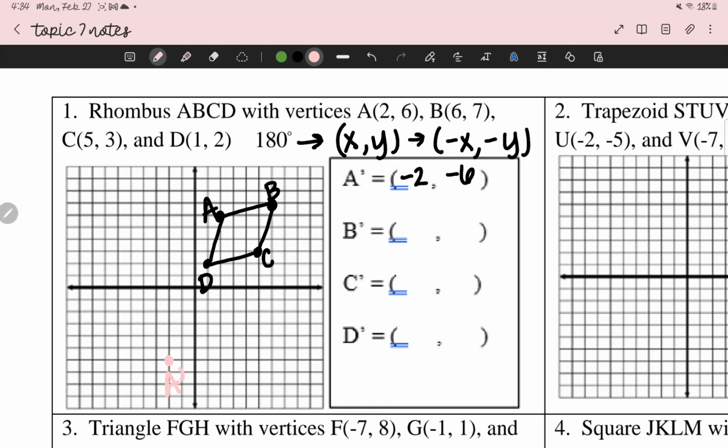That is A prime. I'll make it like this so you can actually see it down there. Then I'll move on, and for B it's going to be -6, -7. -6, -7 is B prime.